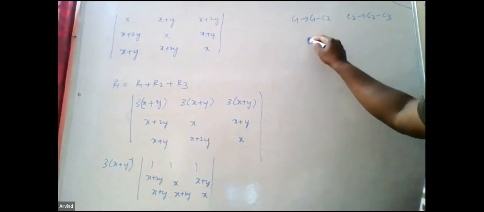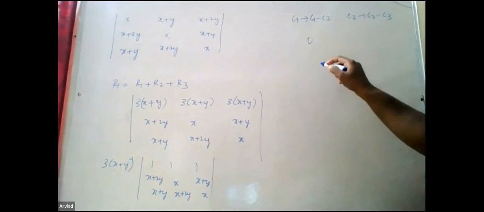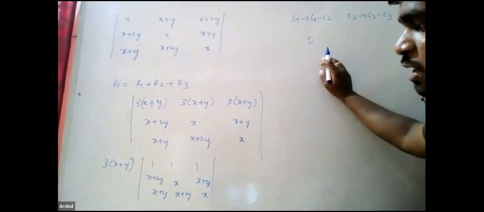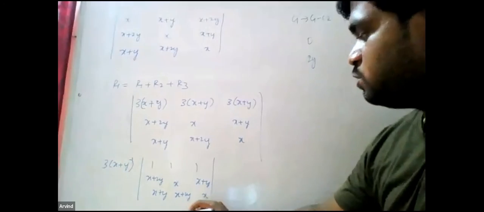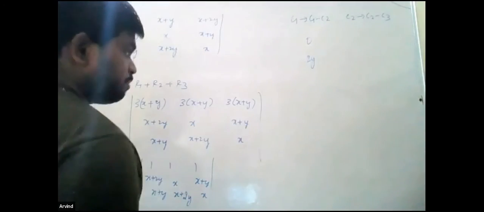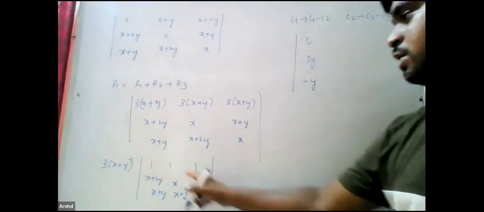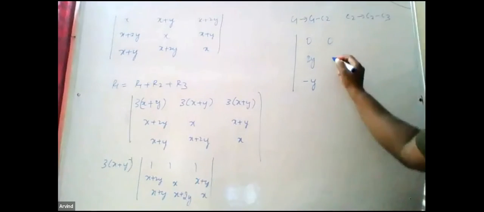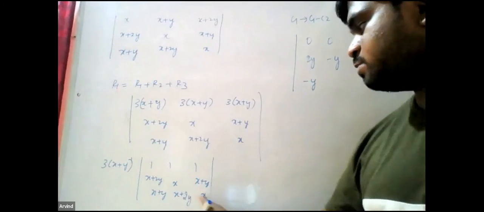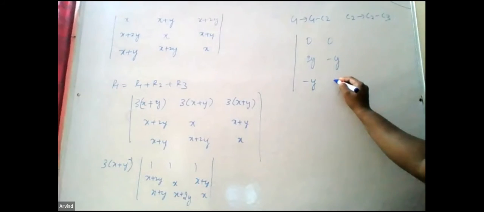So 1 minus 1 is 0. Then x plus 2y minus x is 2y. x plus y, x plus 2y. This is 2y, and if you subtract you get minus y. Similarly C2 minus C3: 1 minus 1 is 0. x minus this, you will get minus y. x plus 2y minus x is 2y.